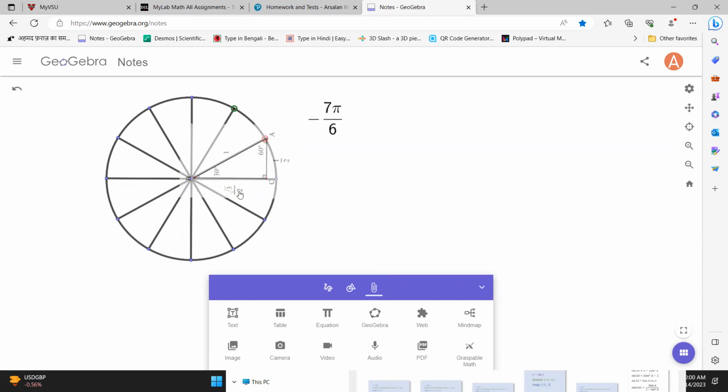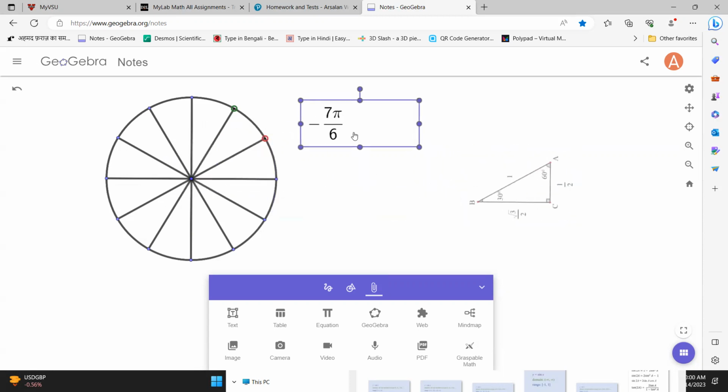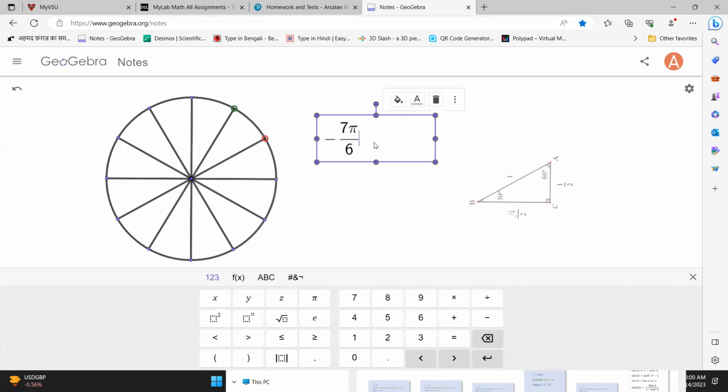So guys, what I want you to see is if this is 1, this line is square root of 3 over 2, and this is going to be half. Based on that, just like before, I'm going to draw the coordinates of the red point. Don't worry about the green one. The coordinates of this red point are square root of 3 over 2, comma, 1 half.